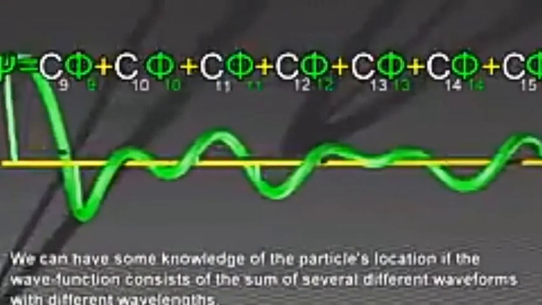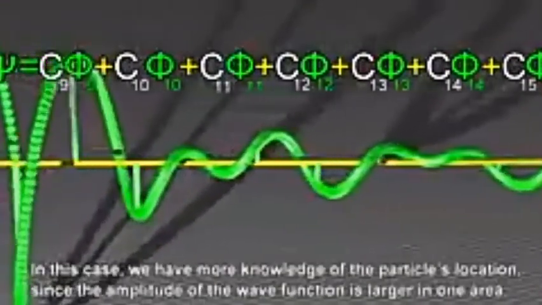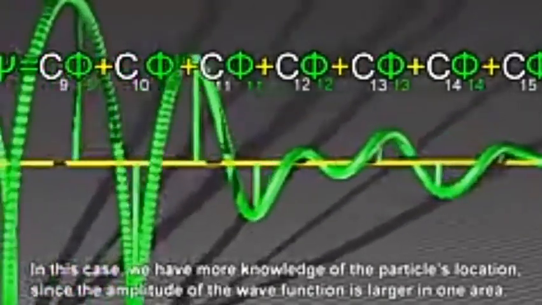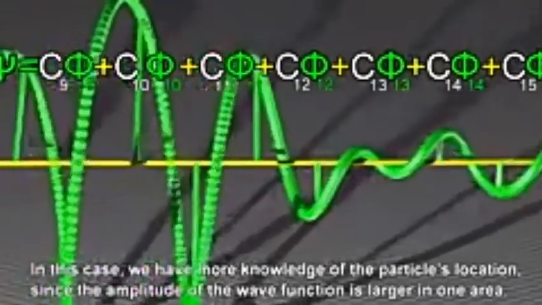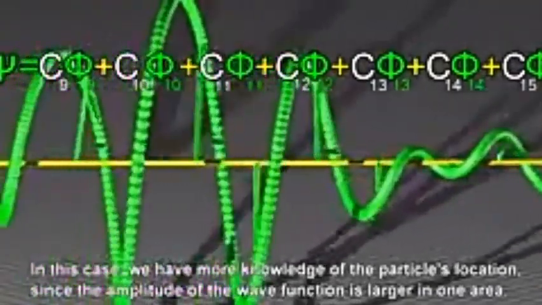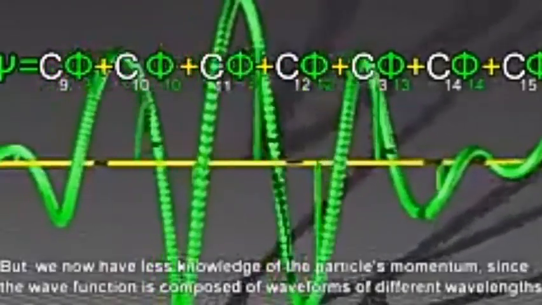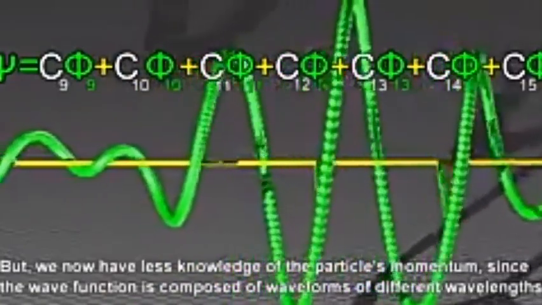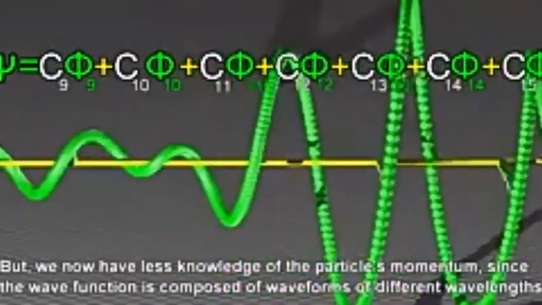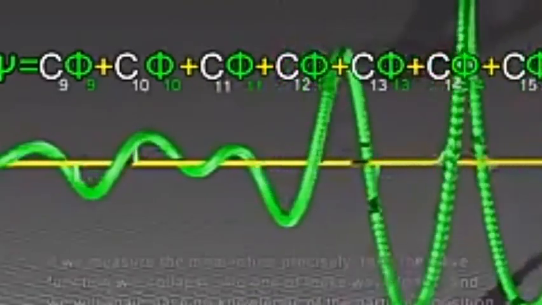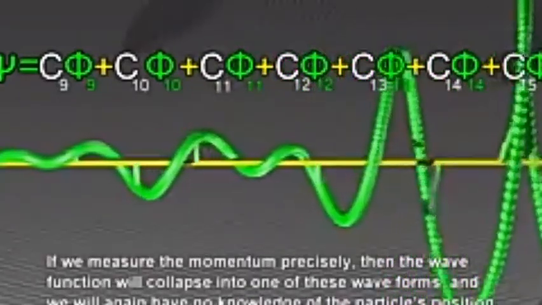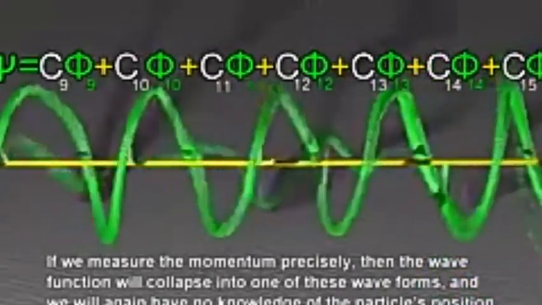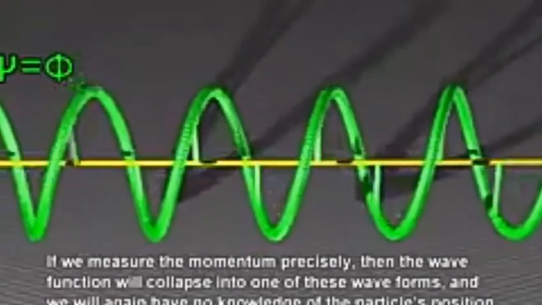In this case we have more knowledge of the particle's location, since the amplitude of the wave function is larger in one area, but we have less knowledge of the particle's momentum, since the wave function is composed of waveforms of different wavelengths. If we measure the momentum precisely, then the wave function will collapse into one of these waveforms.